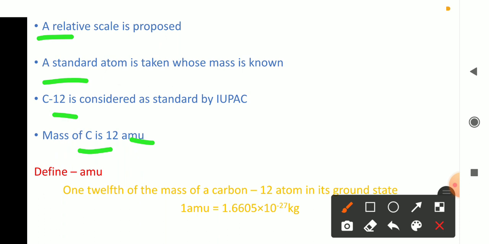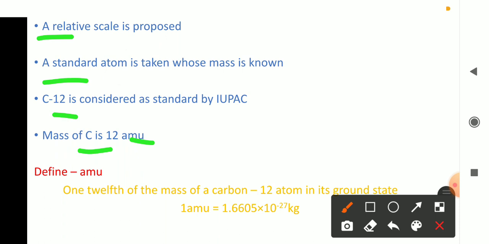AMU is new for us because you may not have an idea about AMU. What is called AMU? Dear students, the expanded form of AMU is atomic mass unit, or we can say unified atomic mass.